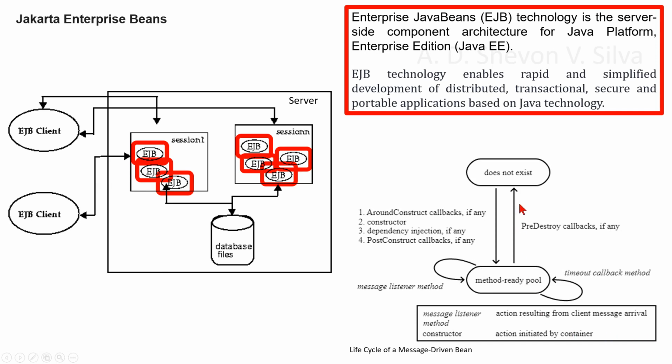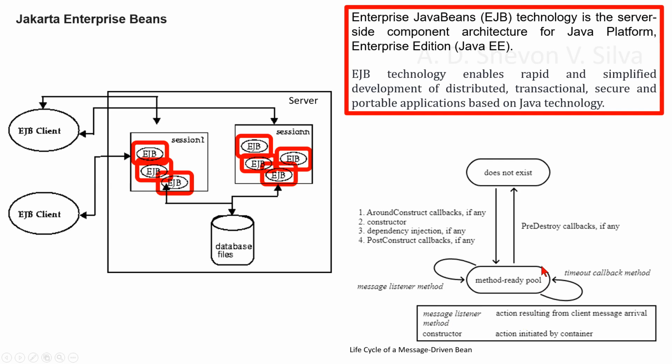Here you can see the life cycle of a message-driven bean. When a client sends a message to a destination for which a message-driven bean is the consumer, the container selects one of its method-ready instances and invokes the instance's message listener method.